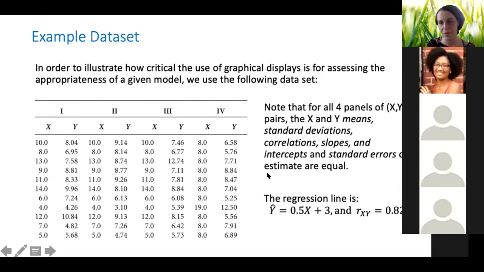The regression model for all these artificial data sets is 0.5x plus 3, and the correlation is always 0.82. So it's really everything identical here, but the numbers, of course, are different for each of these data sets.